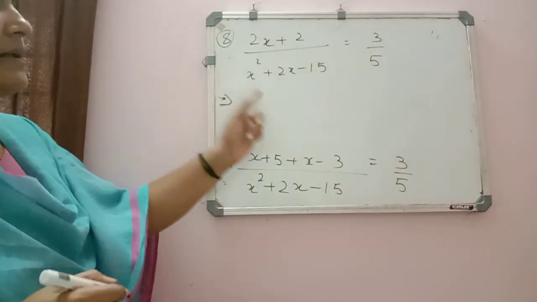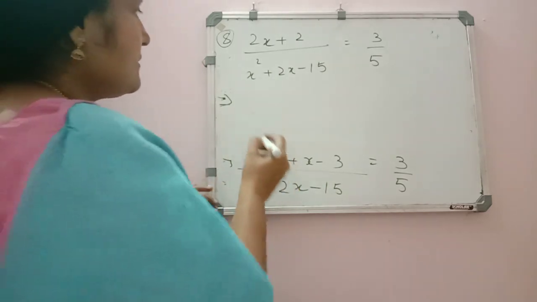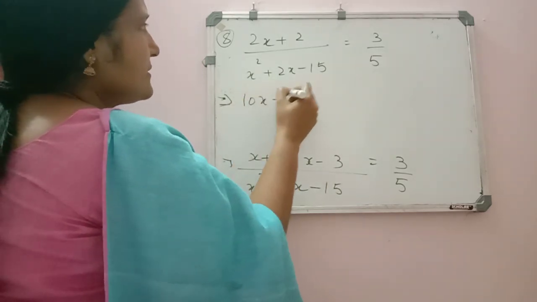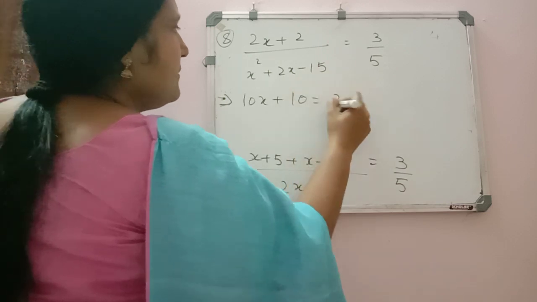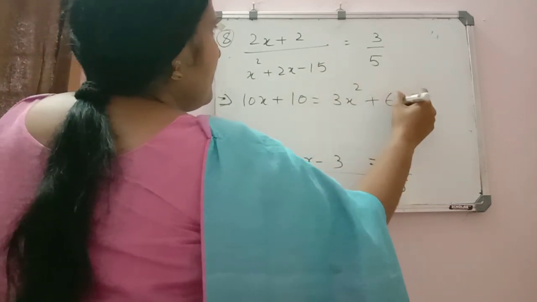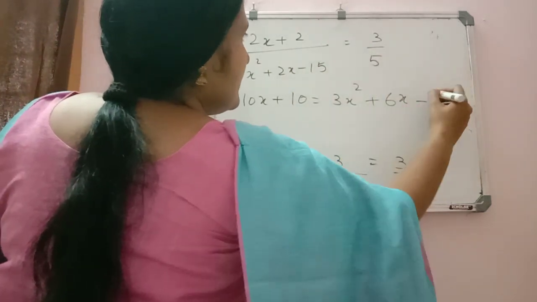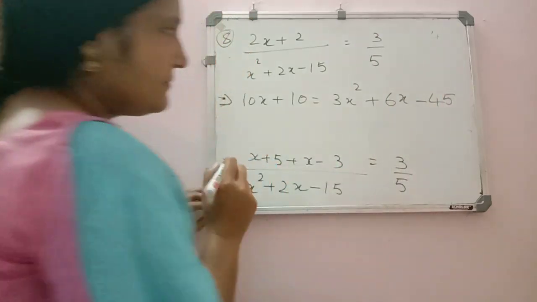Now only two terms are there. We can do the cross multiplication. So it will be 10x + 10 = 3x² + 6x - 15 times 3, which is 45.